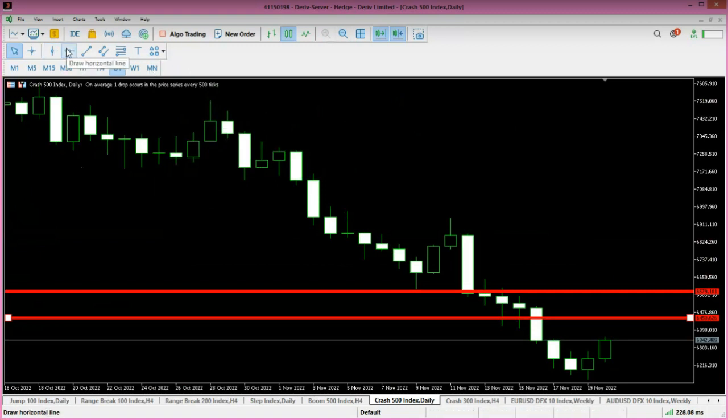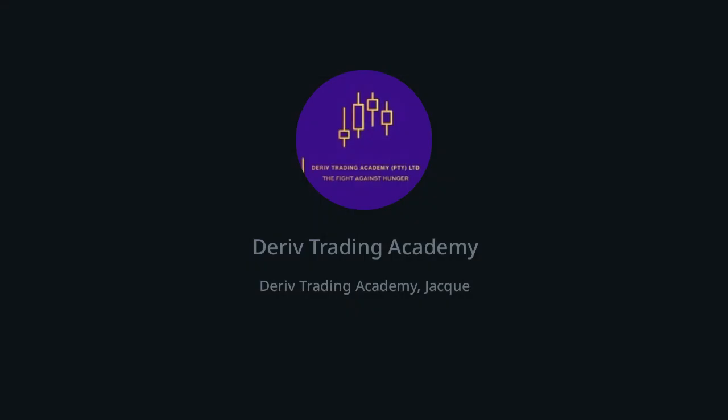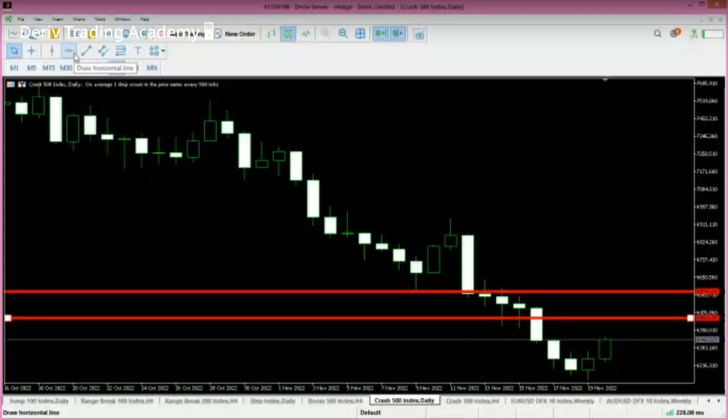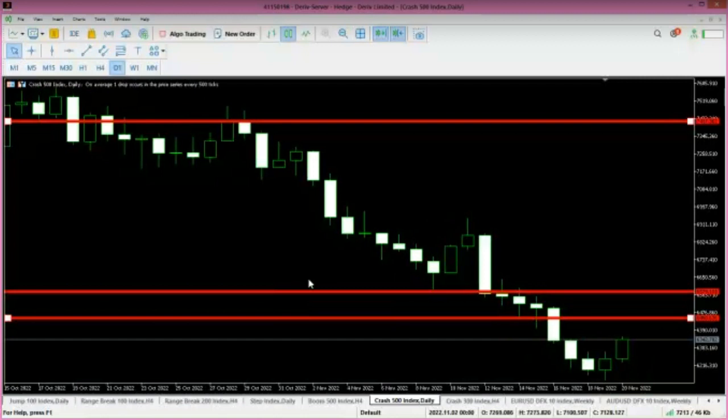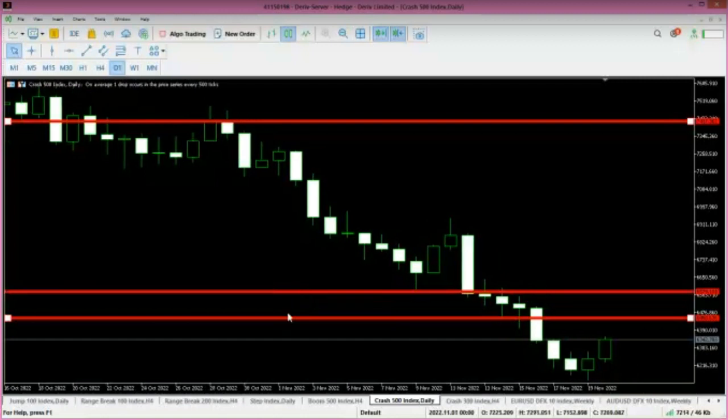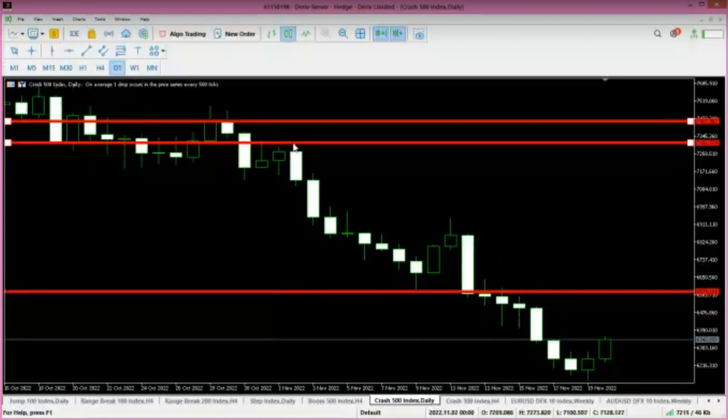I don't think it is wise for us to enter, because when I talk about the strength, the buying pressure or selling pressure, I normally consider the body, the body of this candle here.